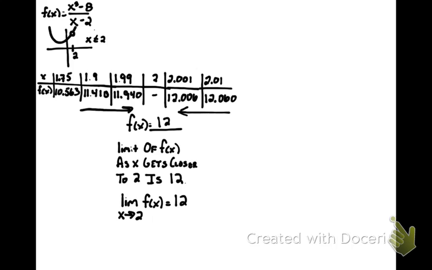Now sometimes we would say things like, from the left, the limit is this. To note the left-hand limit, the notation is the limit as x approaches 2, and if we're coming from the left, we'll have a little minus sign above the 2. That just means from the left-hand side of 2, right? As you go 1.8, 1.9, 1.95, 1.99, and so on.